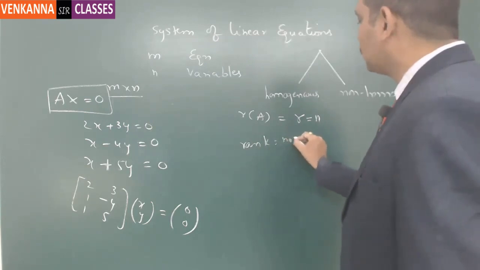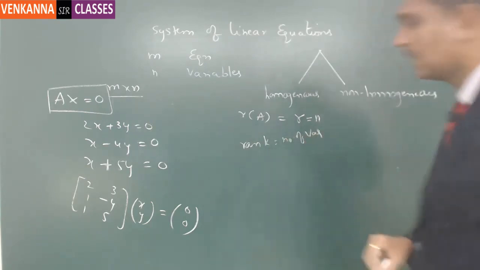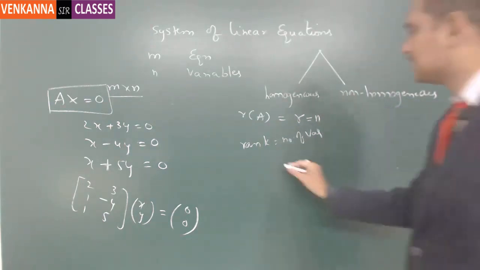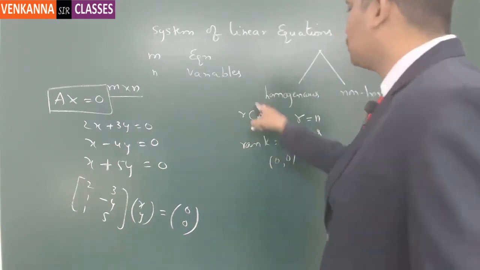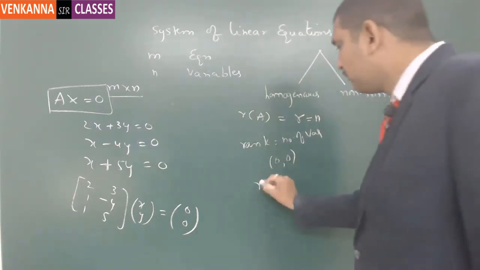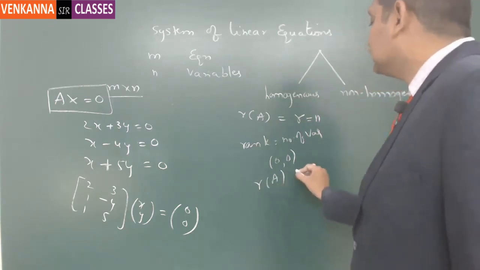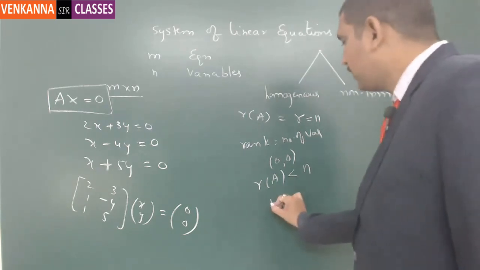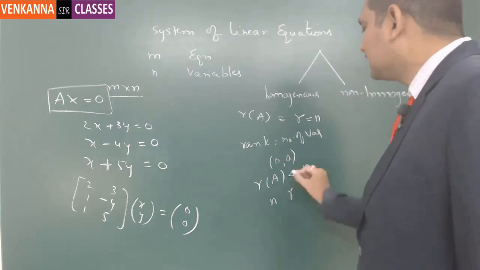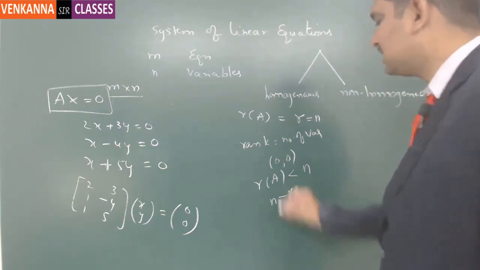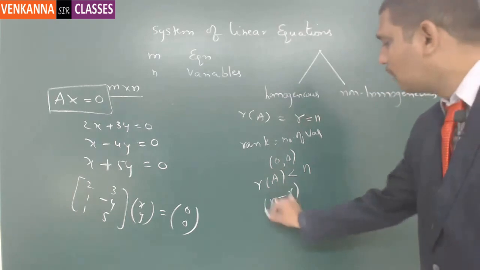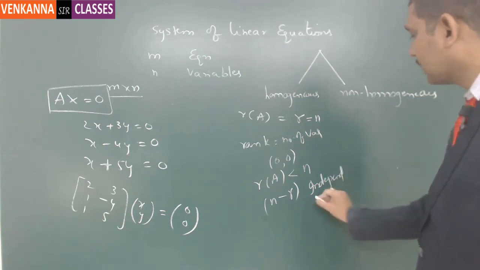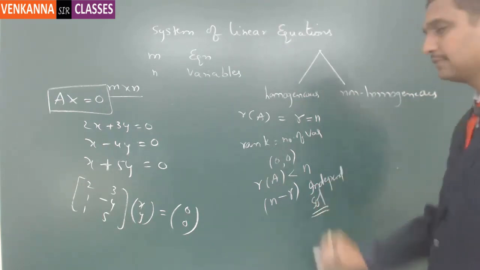Now the solution is determined as follows. If rank of A is equal to n, the number of variables, then we say that the given system has only the trivial solution, that is 0, 0 is the only solution for it. If rank of A is less than the number of variables, if the number of variables is n and rank is R, you consider the difference n minus R. The system will have n minus R independent solutions, and you will get infinite solutions in this case.